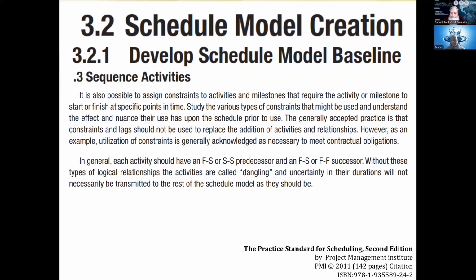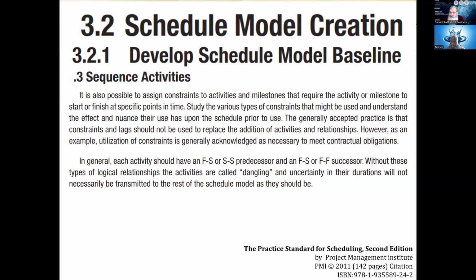Generally accepted practice is that constraints and lags should not be used to replace the addition of activities and relationships, as I just said. If a lag is for doing something, that something must be given a name.